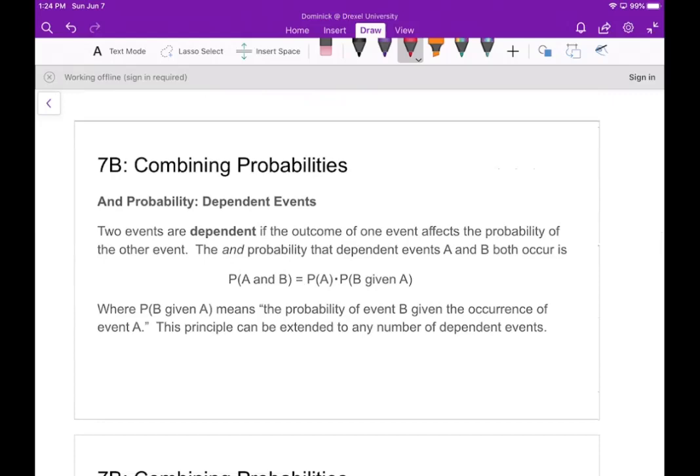Now, if 2 events are dependent, that means, of course, the opposite. That means that the outcome of one event would affect the probability of the other event. So for example, let's think of 2 dependent events.